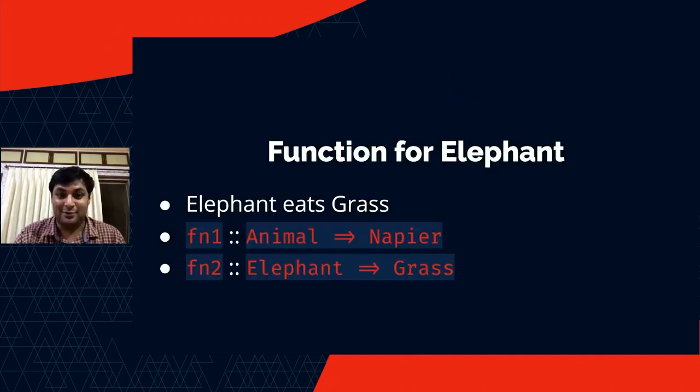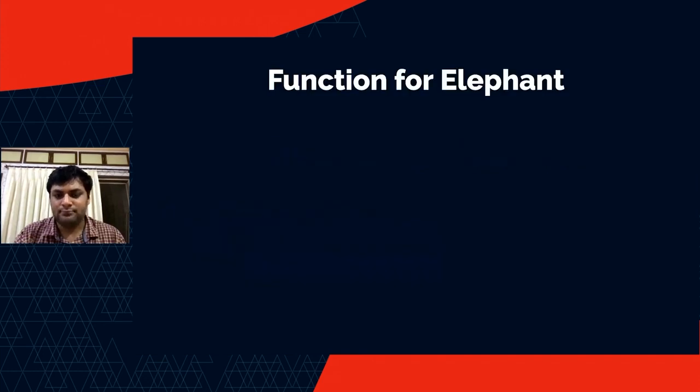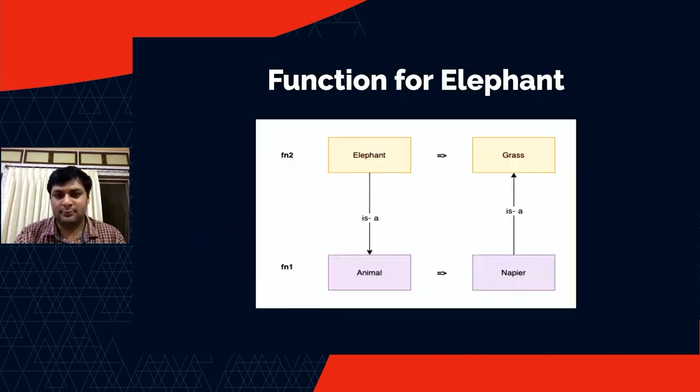Elephant eats grass, but we have this Function1, which is Animal to Napier, and we want the function that is elephant eats grass, so Function2, Elephant to Grass. Let's look at it diagrammatically and try to understand it. So Function1 is Animal to Napier, Function2, Elephant to Grass.